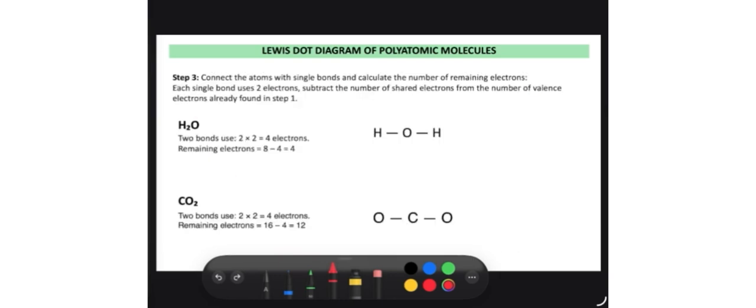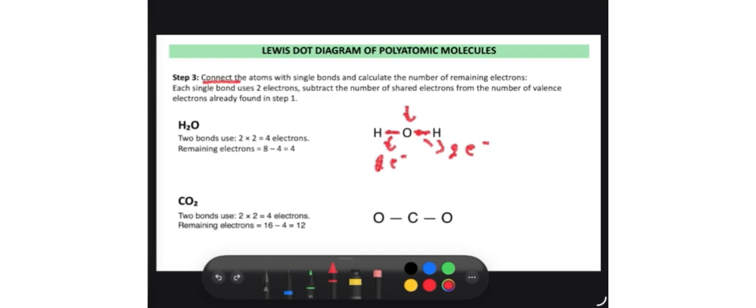In step 3, we should connect the atoms with a single bond, and we should calculate the number of remaining electrons. How can we do that? We decided already that oxygen is in the middle, so we link the oxygen with a single covalent bond to the 2 hydrogens that we have. Here we are using 2 electrons, and here in this one we use 2 electrons.